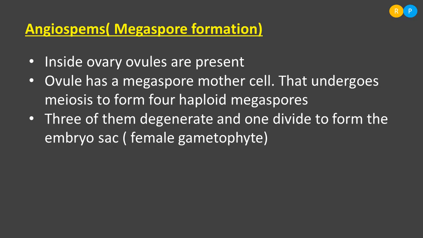Children, it is very easy to remember the terminology, because the female gametophyte is a structure carrying the female gamete. Another name we also use for the same structure is embryo sac, because the formation of the embryo takes place within that sac-like structure, so it is also named the embryo sac. Understood?